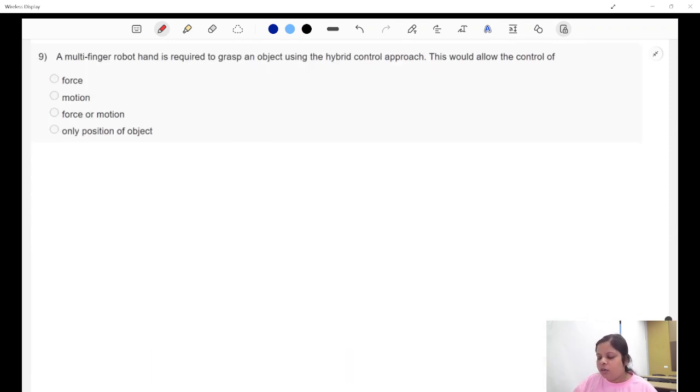A multi-finger robot hand is required to grasp an object using a hybrid control approach. This would allow the control of force, motion, or only the position of the object. Now, what is hybrid control? This is important.